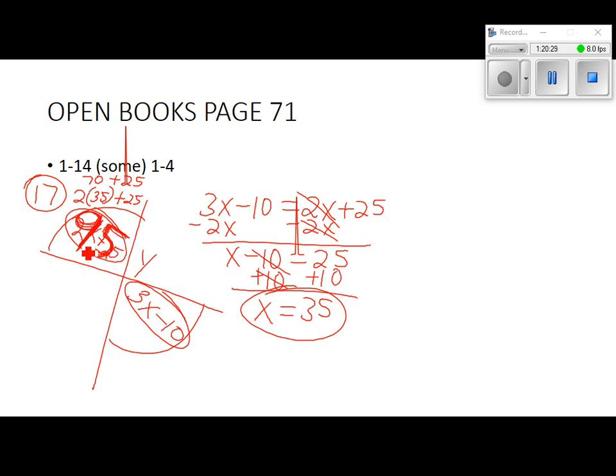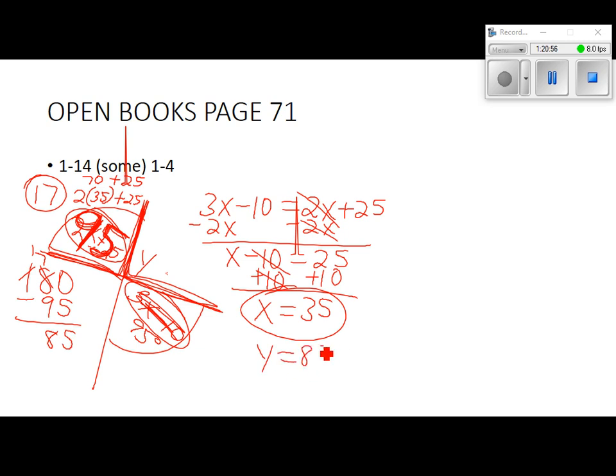That also means that this angle down here is 95 degrees. To find this angle, we know that this one and where y is, those two together add up to 180, so we just take 180 minus 95. And we end up with y equals 85.